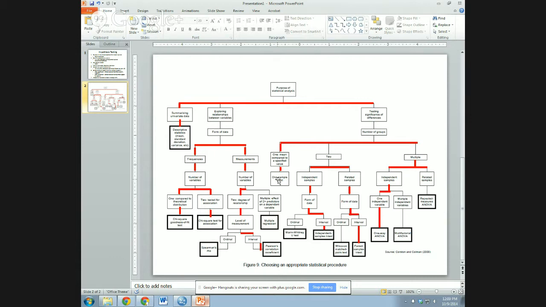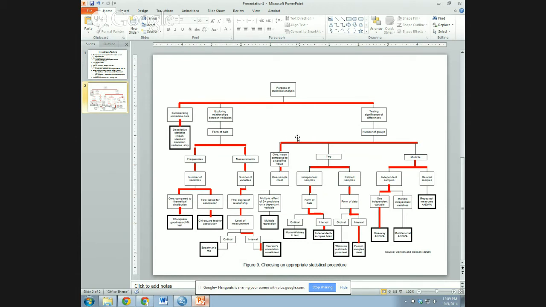We're using a one sample t-test to determine whether x bar, the sample mean, is different from mu, the population mean. Again, this is one mean compared to the population mean.